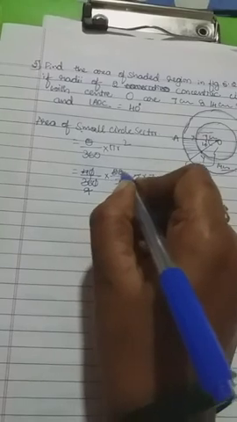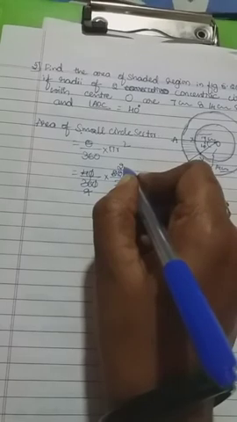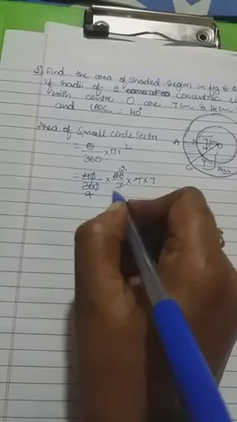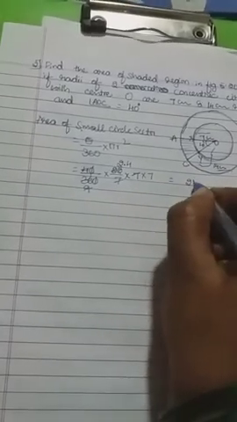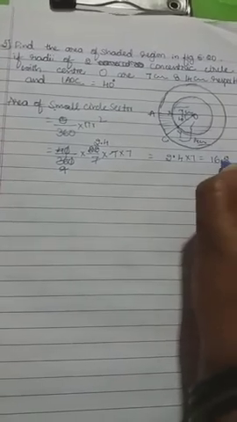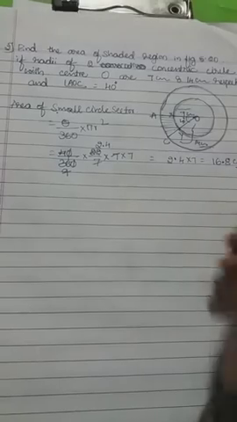Next, 9 3s are 27 is more, 9 2s are 18, 4 will be the remainder, put a point, it will become 40. 9 5s are 45 is more, 9 4s are 36. So 2.4 into 7. 7 4s are 28, 7 2s are 14, 14 plus 2 is 16. So we got 16.8 centimeter square. This is the area of the small circle sector.